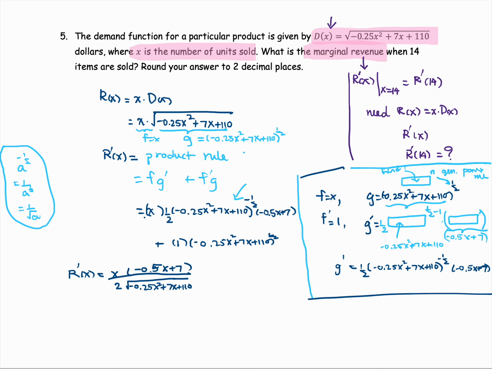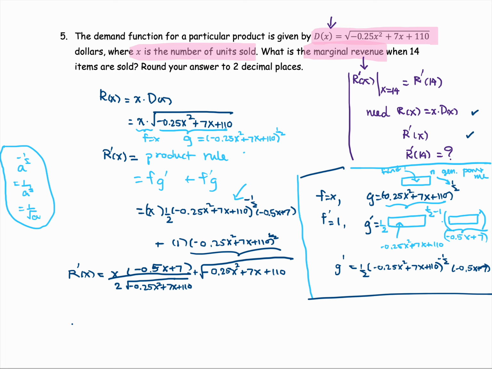Okay, now we are done with the first part of the product rule there, and then the second term, since 1 times anything you get the same thing, and also taking care of the grouping symbol, now becomes negative 0.25 x squared plus 7x plus 110, and this one is the power 1/2, so that means it's going to be the square root of that quantity. So that's what we wrote it from. So now we have the r prime.